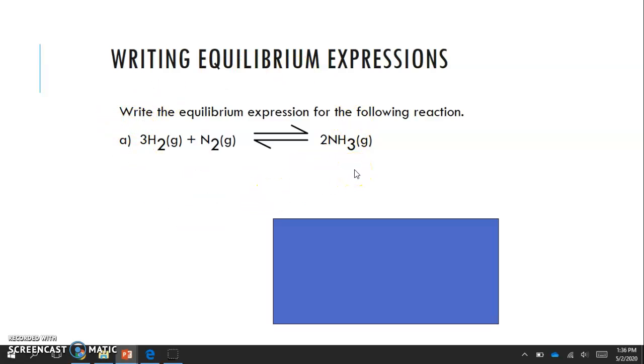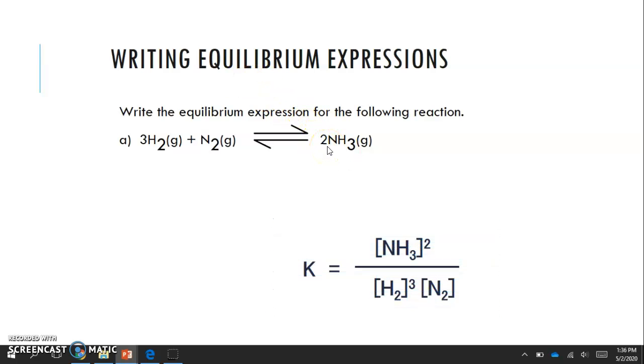So remember, we want to have our products on the top and our reactants on the bottom. So on the top, we're going to have NH3, and then the exponent is going to come from our coefficient. Our coefficient here is 2. So here, our NH3 is going to go on the top, and then we're going to add our 2 as the exponent.